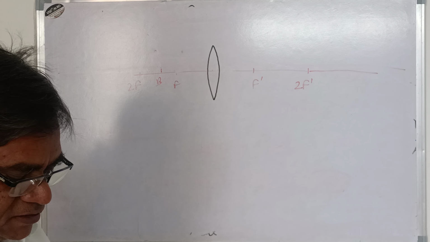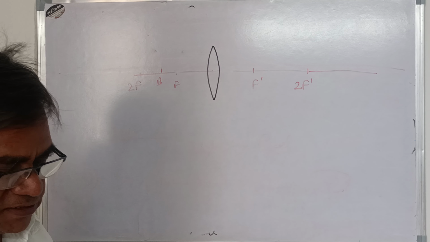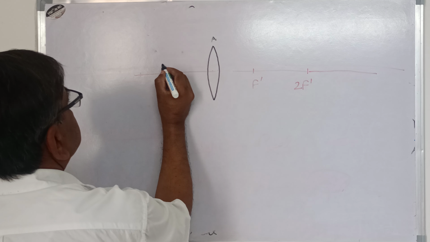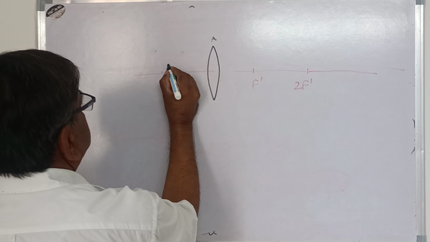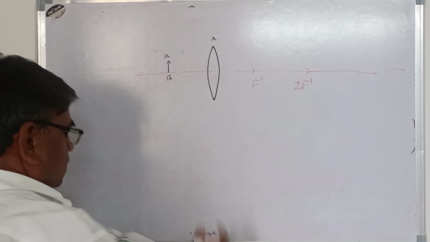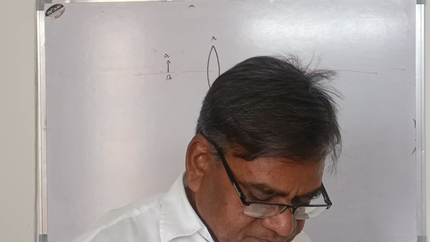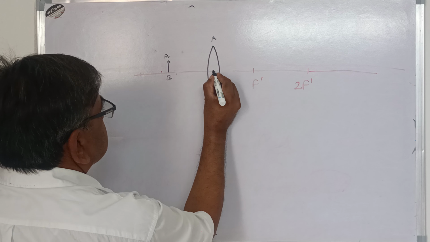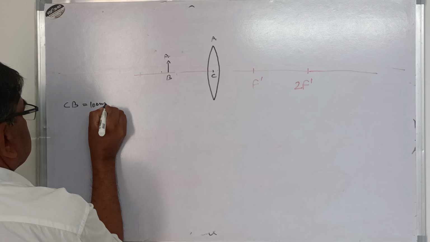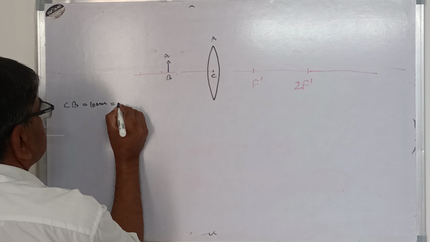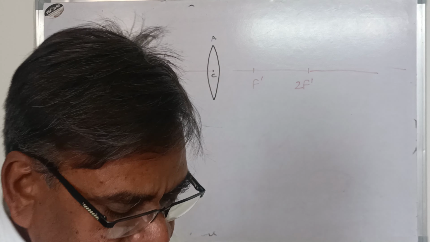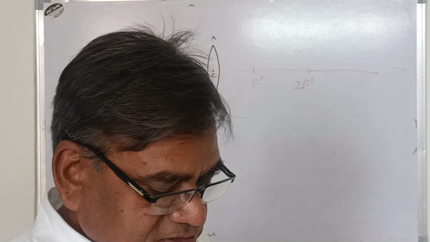When an object is placed 10 centimeter in front of lens A, this is lens A. This is 10 centimeter. Let it be placed here, A, B. What happens? Further he says, it is C. CB is equal to 10 centimeter, means U. This is U, the distance of object from the optical center.